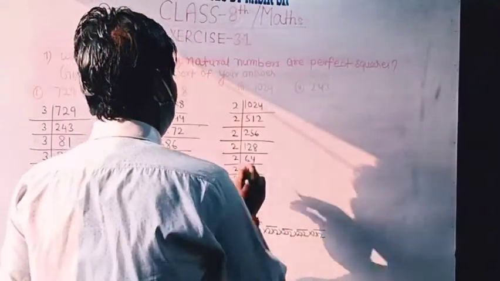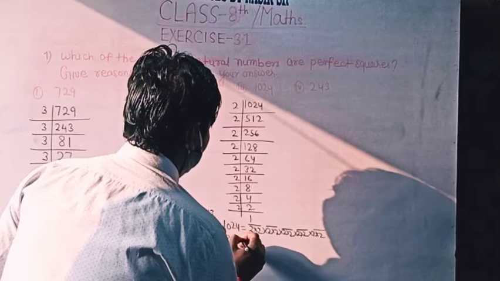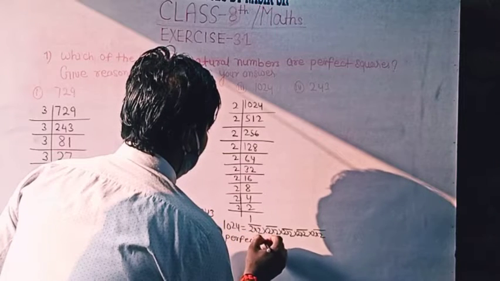So we can say the given number is a perfect square number.